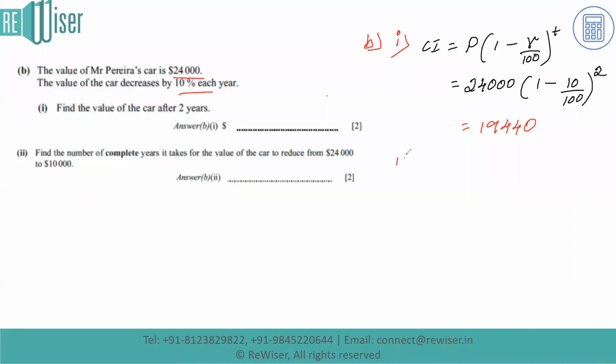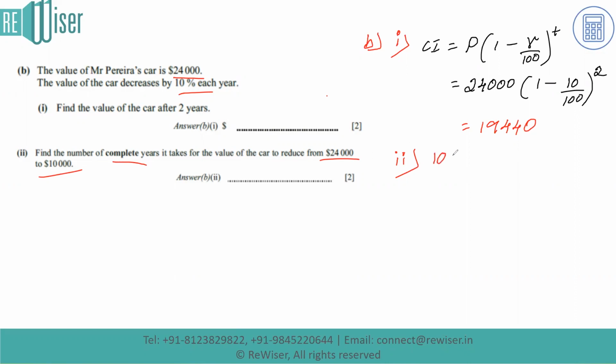And if I talk about B part 2, find the number of complete years it will take for the car value to reduce from 24,000 to 10,000. So the question is asking, what is the value of t when the value is 10,000?